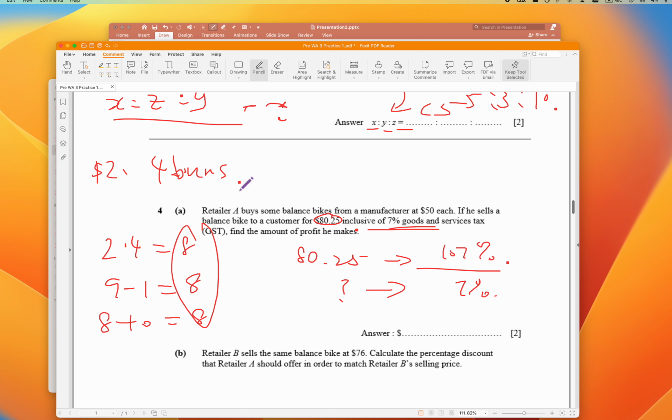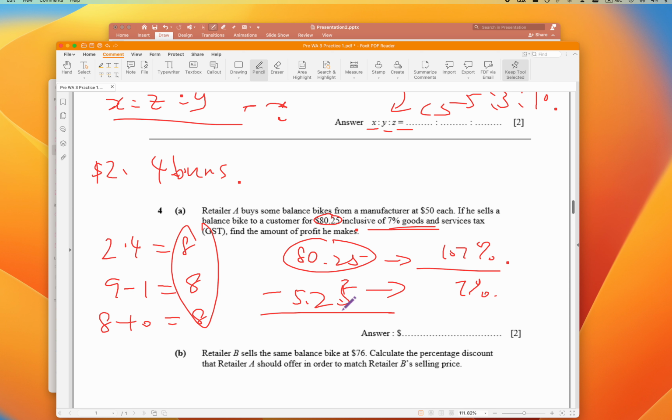Understand? So the approach is, write down 80.25 is 107%. No need to correct. You always need to use this method when it comes to percentage. So you are telling me 5.25. Okay, good. So 5.25 is 7%. So what they ask, basically you just use this minus the 5.25. So that is the price the person gets. Minus 50. Yep.